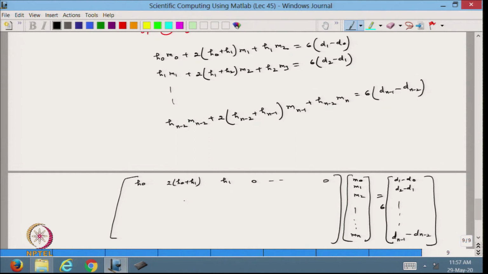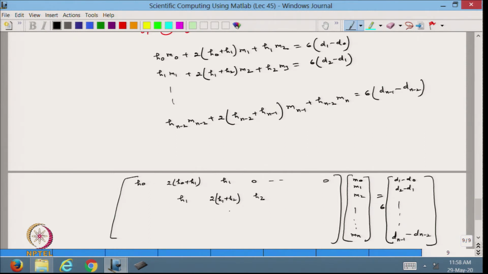The second equation starts from here. So, this will be h1, 2 times (h1 plus h2), and then h2. From here, if you see h2, and this is the 2 times of this one, h1 h2, this is the 2 times of this one.